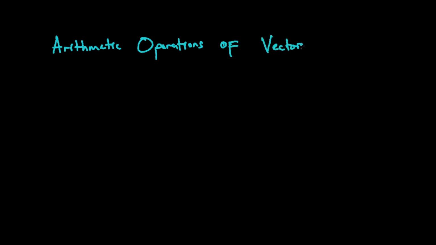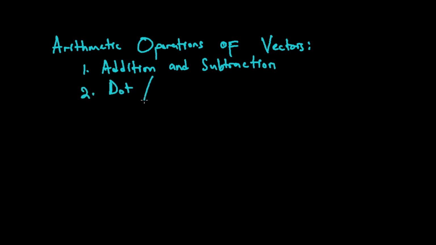And by arithmetic operations, the two concepts we are going to look at are addition and subtraction, which we already introduced in today's lesson, because addition and subtraction ndio inogadzira ma displacement vectors. Then we are going to introduce a somewhat new concept, dot kana kuti scalar multiplication, kana kuti panapa toti dot or scalar product, which we have just preempted in today's lesson, but we are going to look in depth in our next lesson.